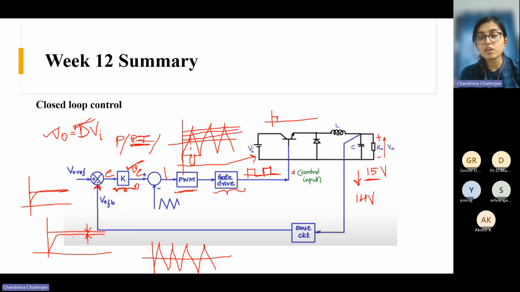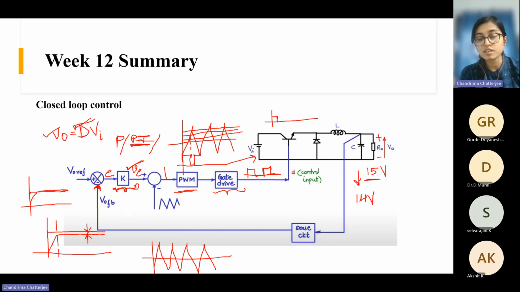Along with that, we will also have to ensure that this section, which we call the transient portion, is good. Transient means the voltage has still not reached its steady state. So we will have to improve this transient performance as well.